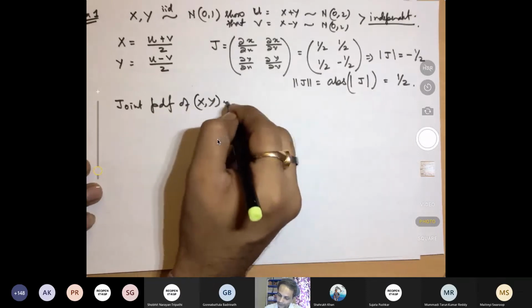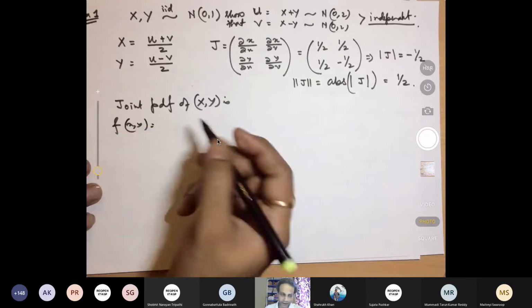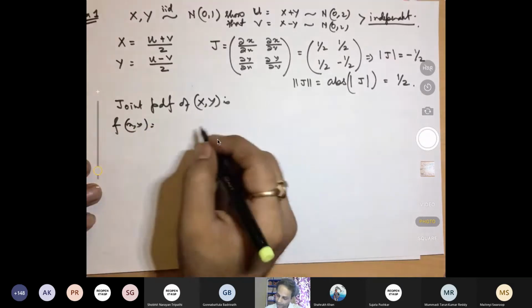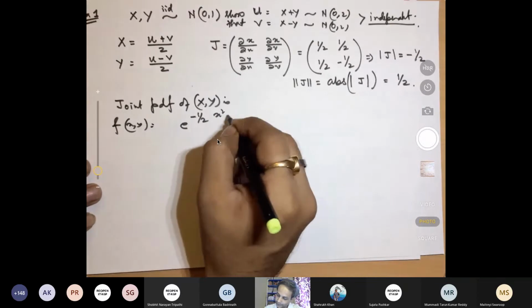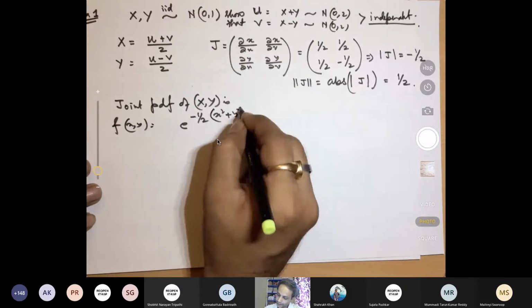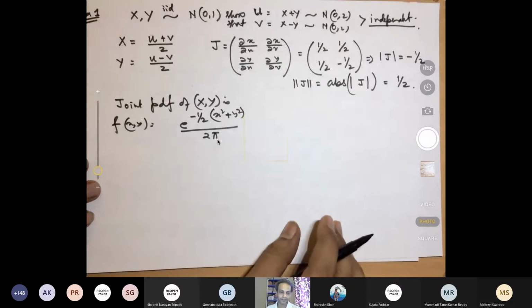Now let us write down the joint PDF of x, y, say f of x y. Because they are independent, it will be the product of the marginals. So e to the power minus half x square plus y square, divided by 2 pi. Is it okay? Because they are the product of the marginals.